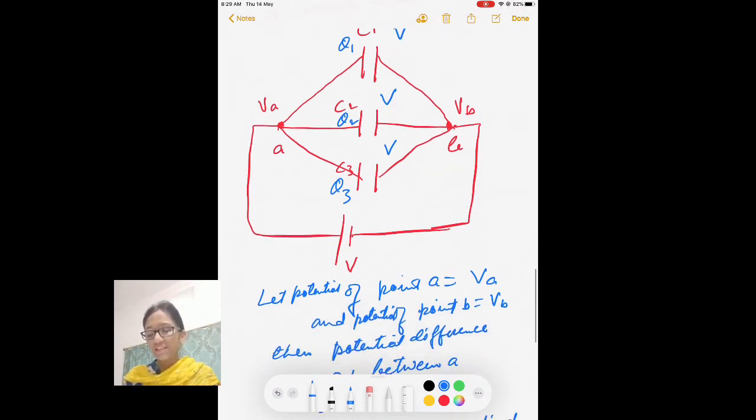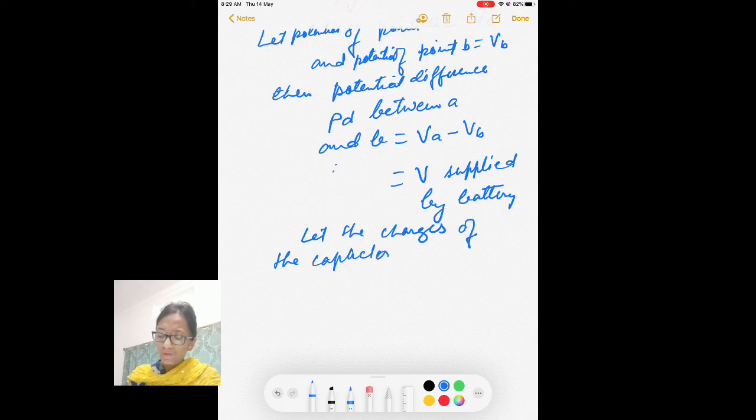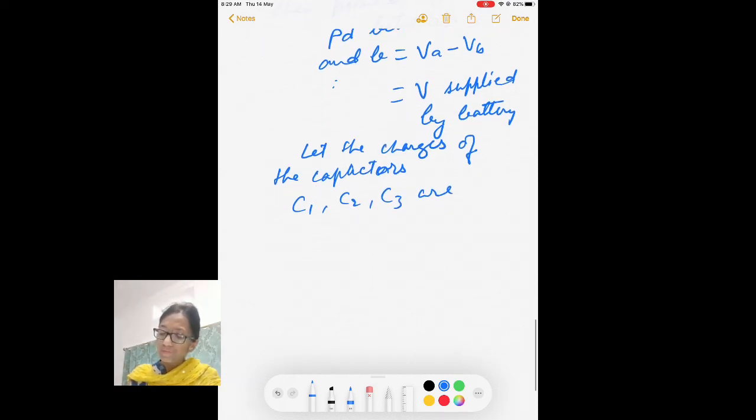So let these charges be Q1, Q2 and Q3 respectively.